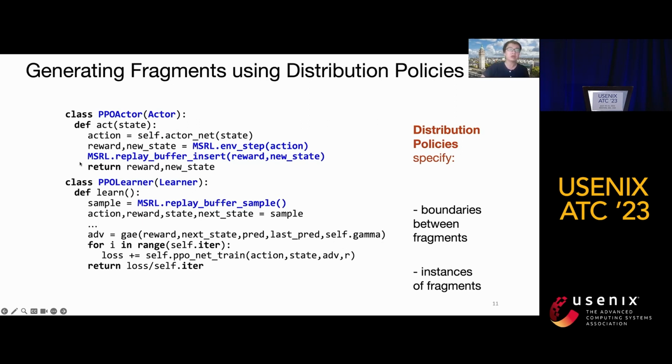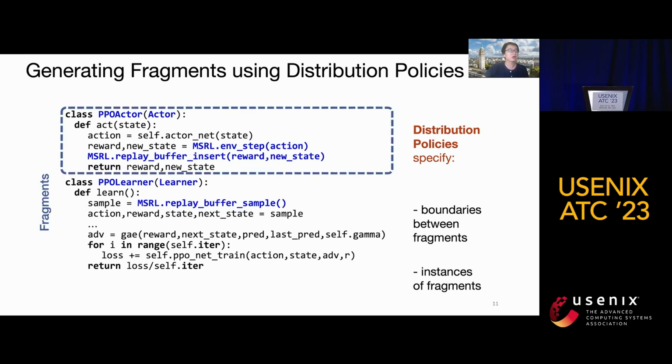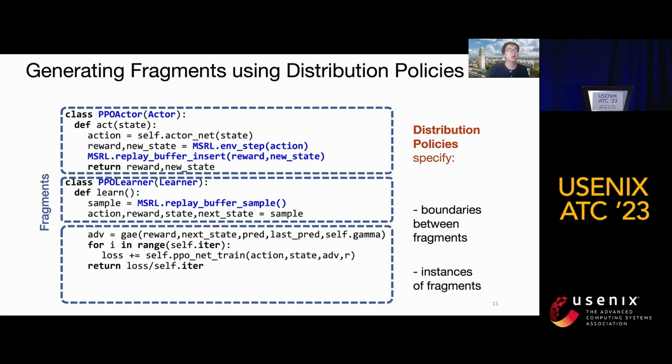MSRL uses the boundary information to split the original algorithm into different fragments. For example, here, with boundary information, it splits this algorithm into 3 different fragments, and each fragment contains some of the original code.